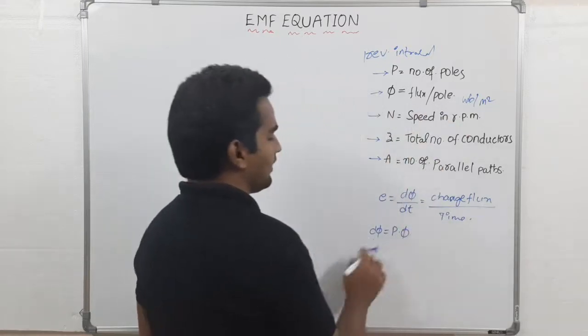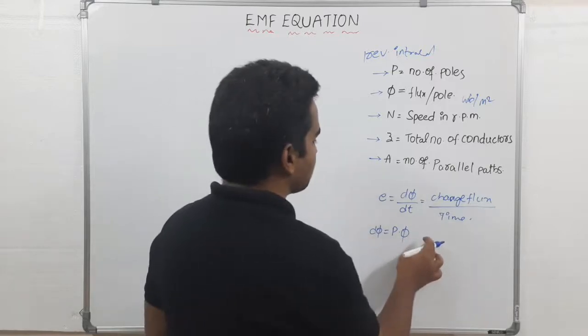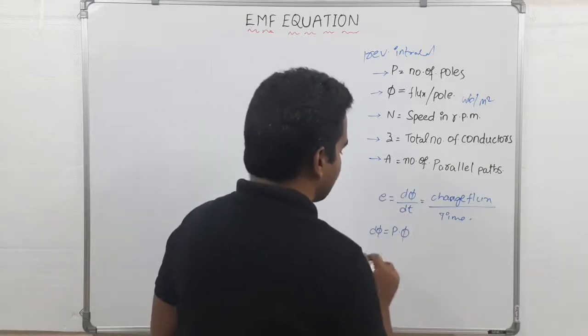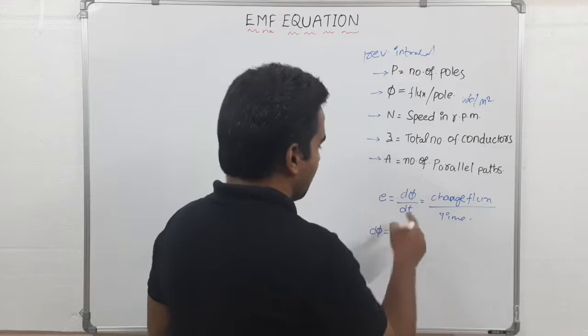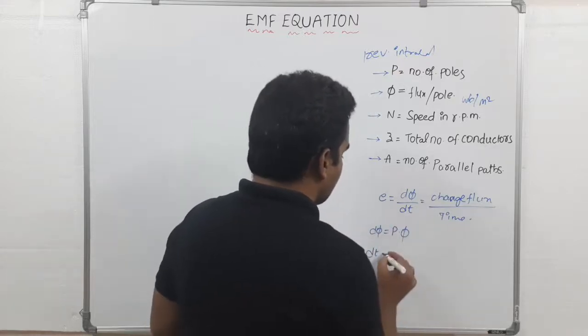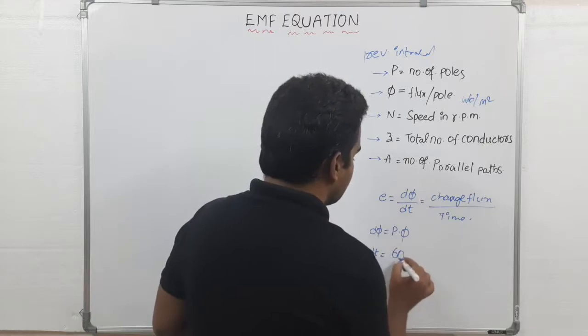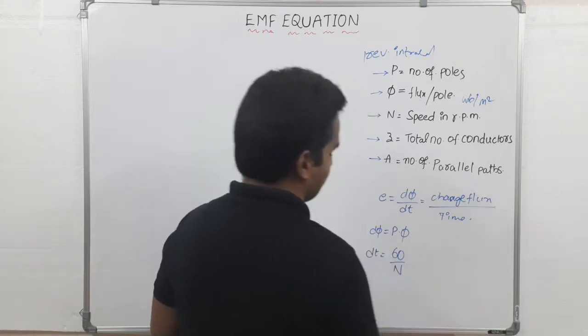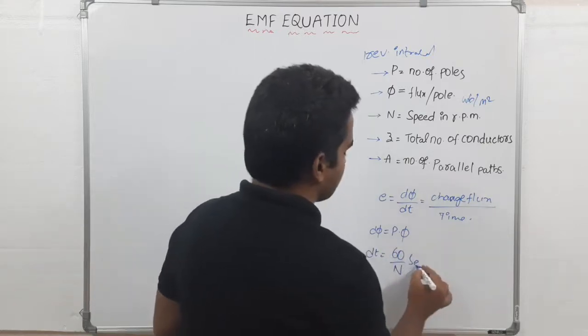P into phi is the total amount of flux cut by a particular conductor in one revolution, and the time dt can be given as 60 by N seconds.